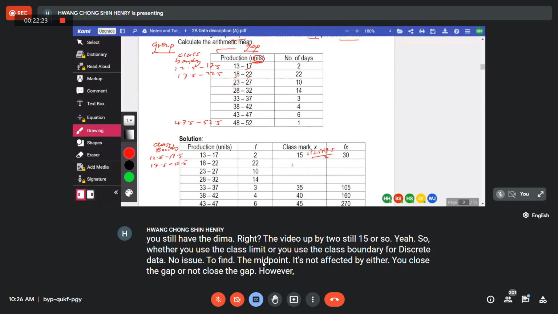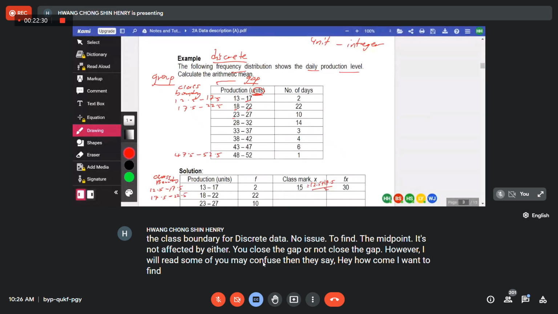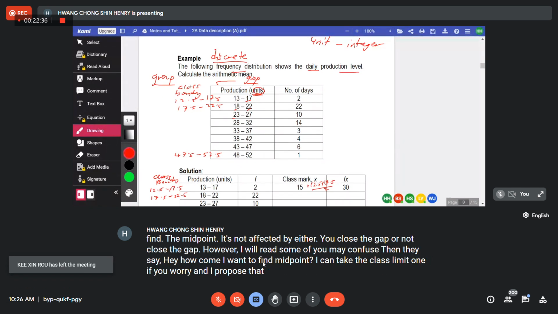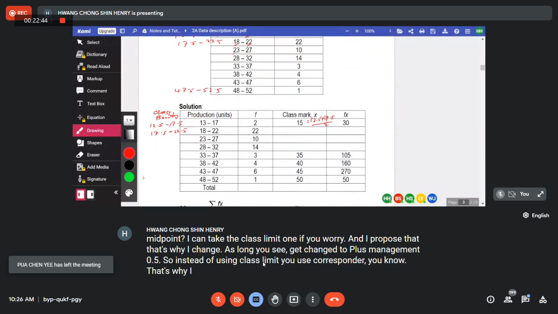However, I worry some of you may confuse. Then they say, how come I want to find midpoint? I can take the class limit one. If you worry, then I propose that. That's why I change, as long as you see gap, change to plus minus 0.5. So instead of using class limit, you use class boundary. That's why I say you put your class boundary here.